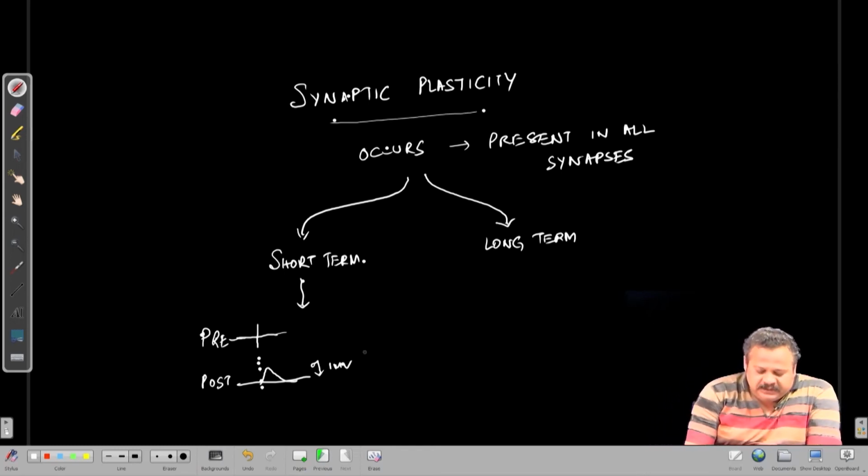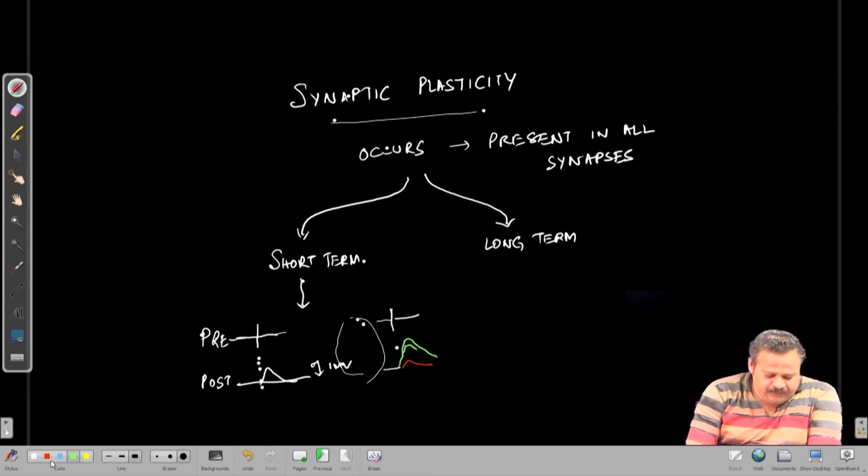Now, with some kind of manipulation, again later on we can see that with the same measurement, with the same spike in the presynaptic side, we may get either a decrease in synaptic strength, or we can get maybe an increase in synaptic strength over the previous size, where the previous size was, let us say, like this.